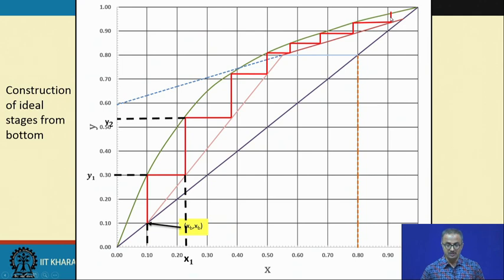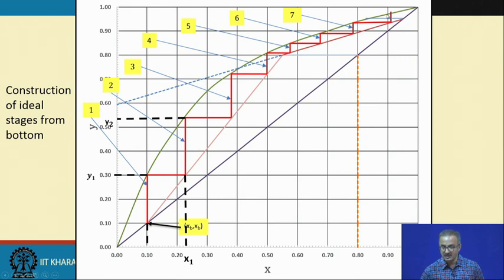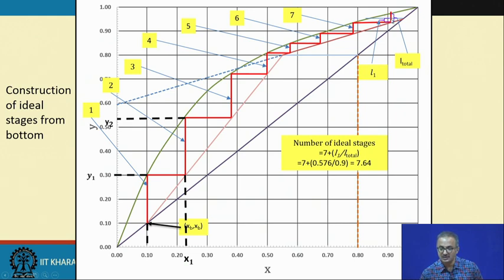Counting the vertical lines, 1, 2, 3, 4, 5, 6, 7, and then again making this vertical fraction by making a horizontal line here, we find this total length and this small length, and from this we get the number of ideal stages as 7.64. That means whether we start the construction from the top or the bottom does not matter; the number of ideal stages will be the same.